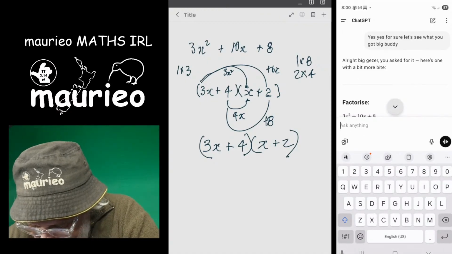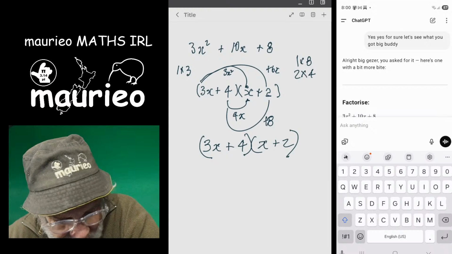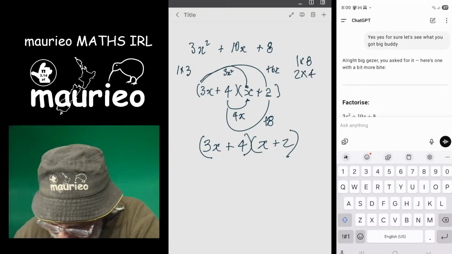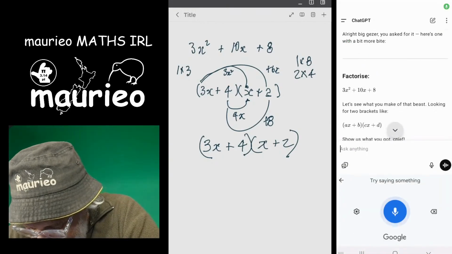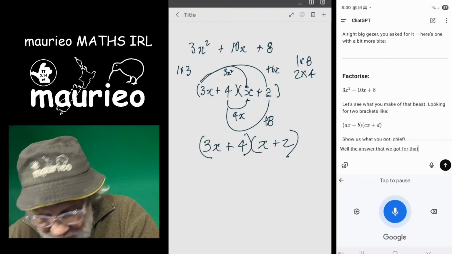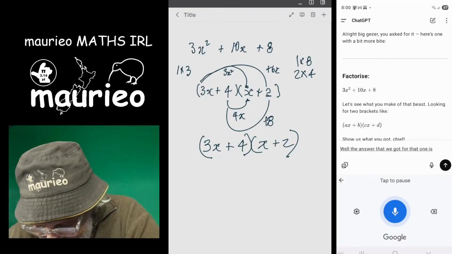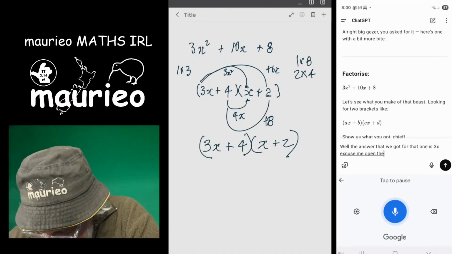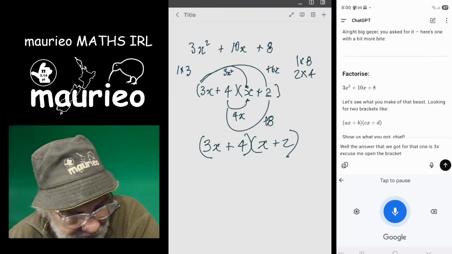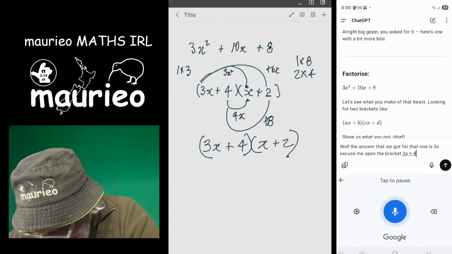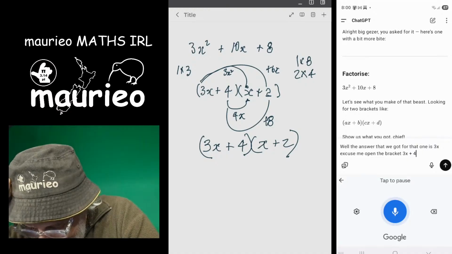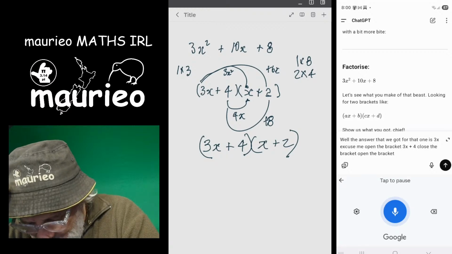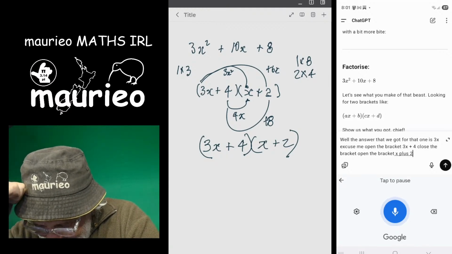The answer we got for that one is, open the bracket, 3x plus 4, close the bracket, open the bracket, x plus 2, close the bracket.